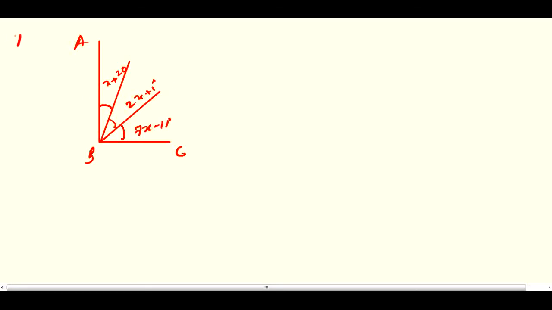Now we have to find the value of x and the complement of angle x.